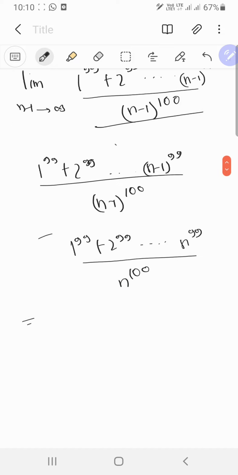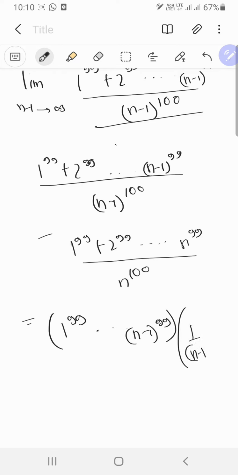This can be written as 1 power 99 all the way till n minus 1 to the power of 99 into 1 upon n minus 1 power 100 minus 1 upon n power 100, and minus 1 upon n.